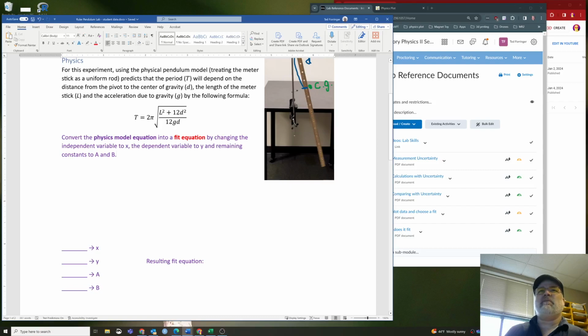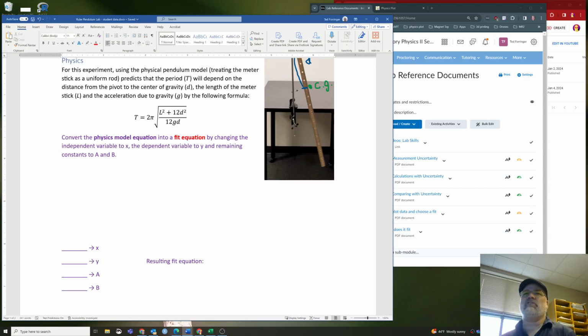And the way we do that is we convert the independent variable to x, we convert the dependent variable to y, and then any remaining constants we have to collect together into a, b, and c.